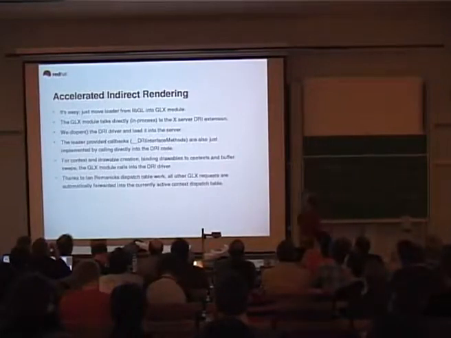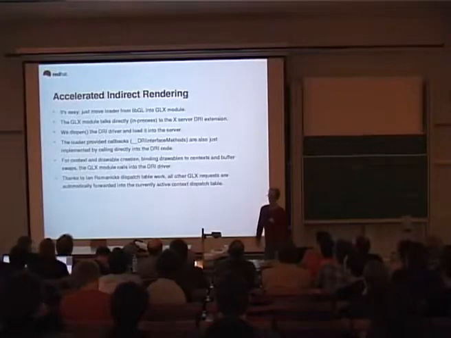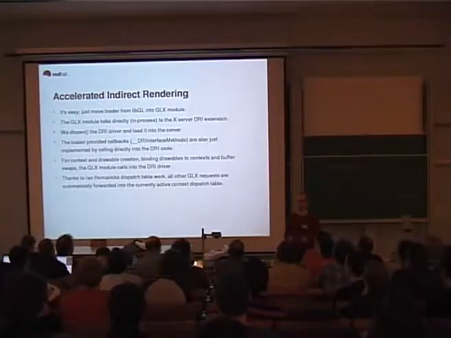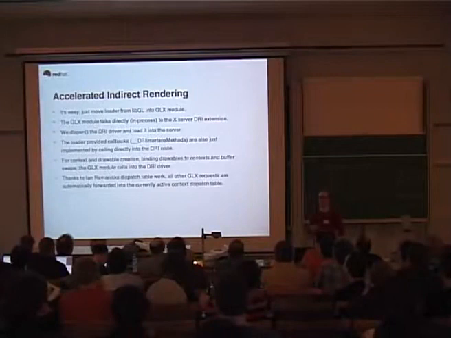So how do we do this? From a 20,000 feet perspective, it's easy because we just need to let the X server load the DRI driver in pretty much the same way that the client would load the DRI driver.